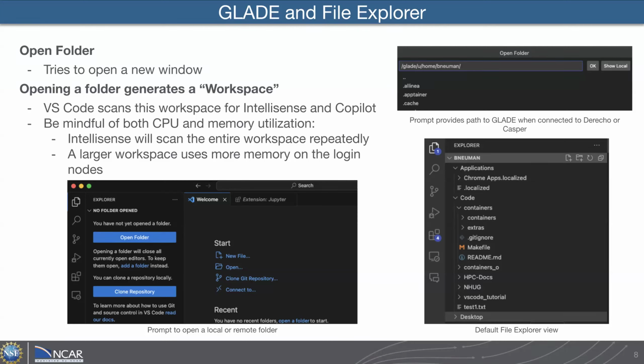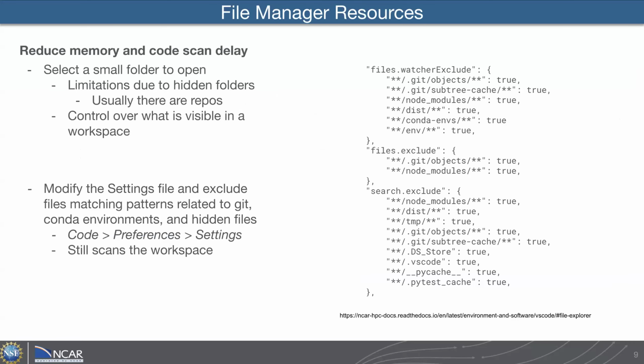Let's say if you opened up your Scratch directory as the first folder that you opened, it's going to be scanning that entire path and every directory that's below it. And so could potentially use up a lot of memory. It can take a lot of time to generate those autocompletes because it's going to be constantly scanning that entire path. So there's actually two things that you can do to mitigate this. The first is to open up a smaller folder.